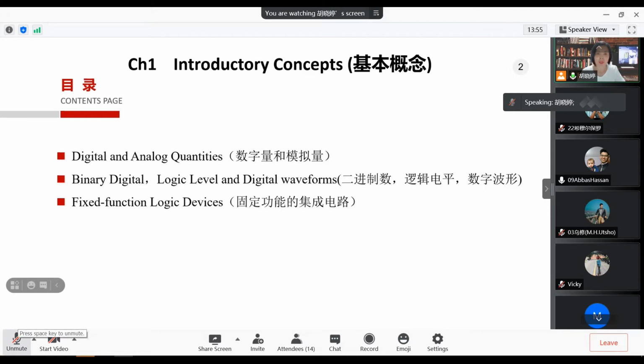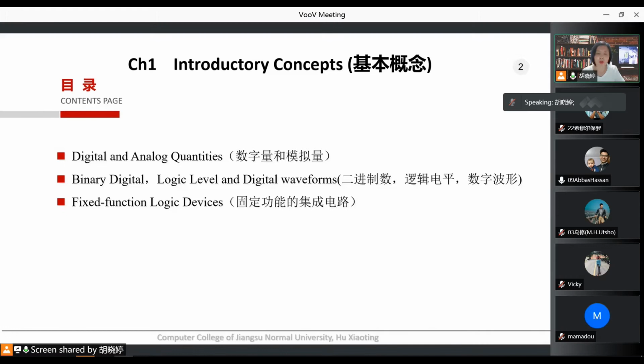These two digits will correspond to two kinds of logical level.